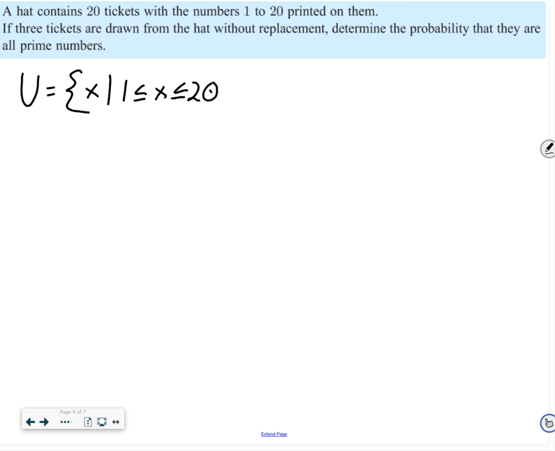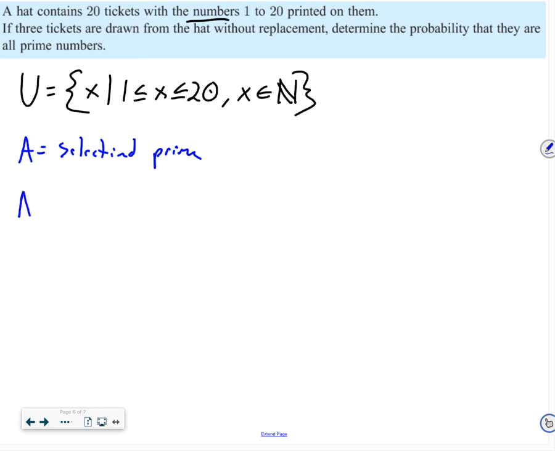They're just the numbers, so we're saying that x is contained within our natural numbers, our counting numbers, or we could say integers. So we want to know, let's call our event A, event A is selecting a prime.